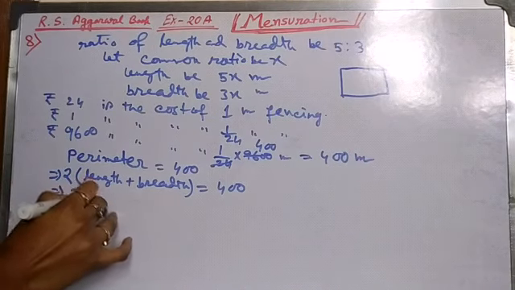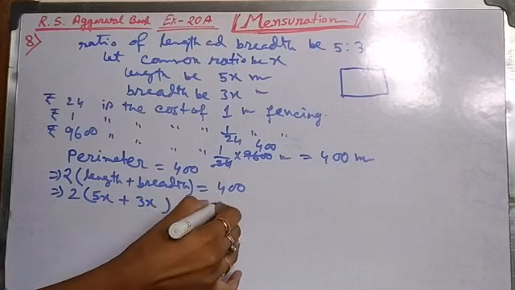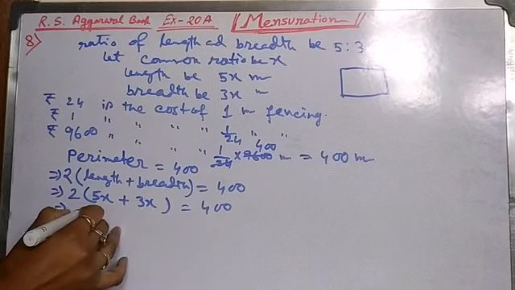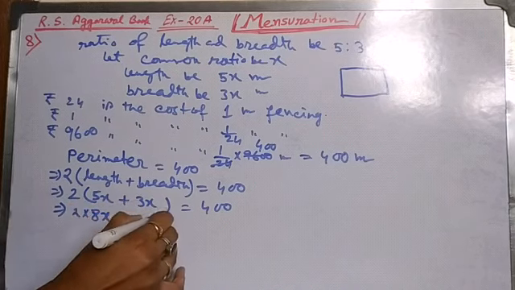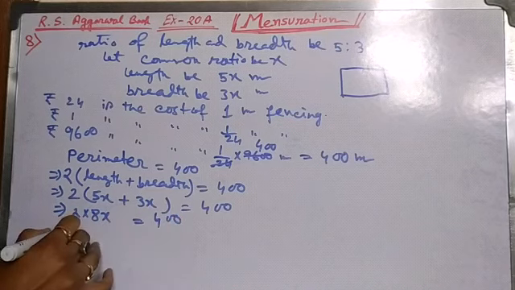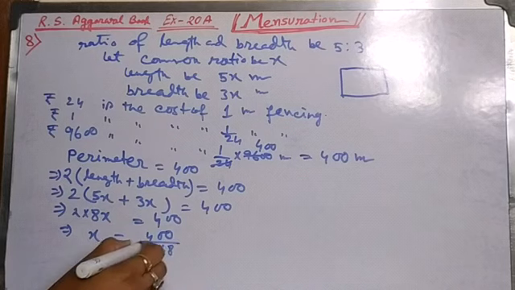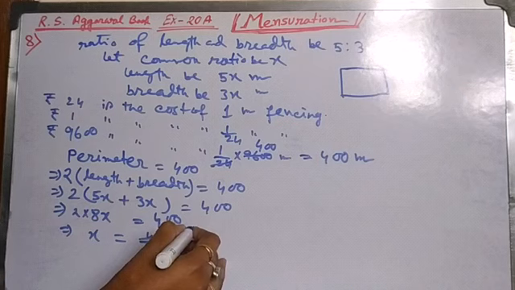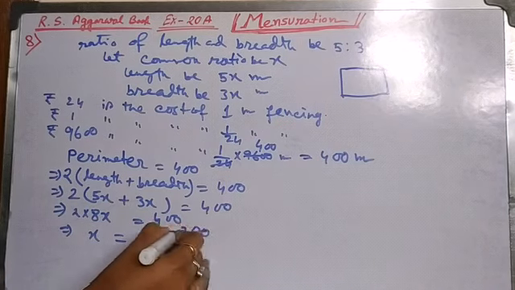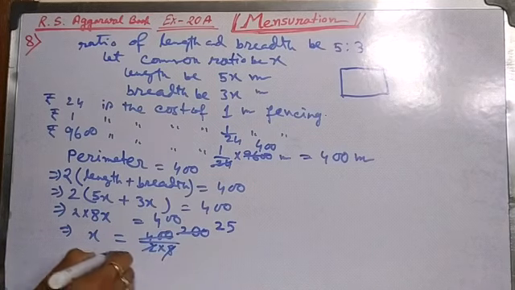So 2 into 5x plus 3x equal to 400 implies 2 into 8x equal to 400. x equal to 400 divided by 2 into 8. Then 2 4s are 8, 8 5s are 40. That means x equal to 25.